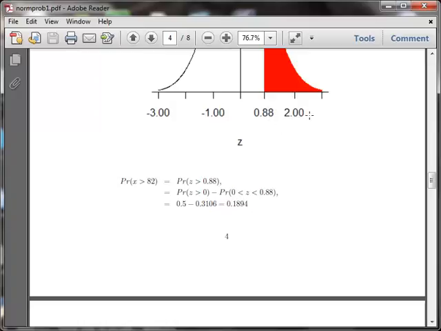So I'll take the entire right-hand side from 0 to positive infinity, and then subtract out the area from 0 to 0.88. So I have 0.5, which represents the right-hand half, minus 0.3106, and that's equal to 0.1894. And that's it.